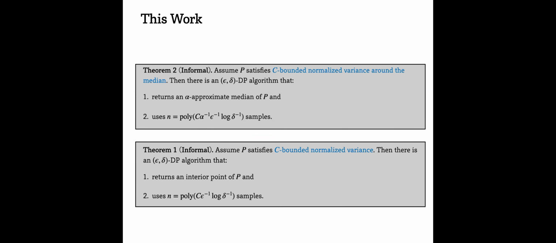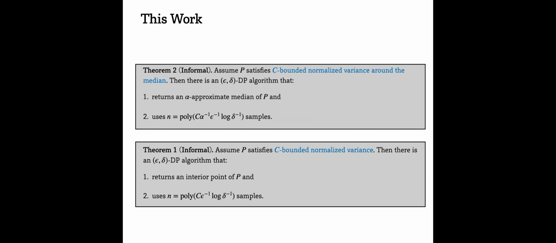And so what we do in our second result is we add this new result about approximate medians. It turns out that C-boundedness is provably not sufficient for the approximate median problem. That is, for all private algorithms, there exist C-bounded distributions that run the sample complexity up to infinity.